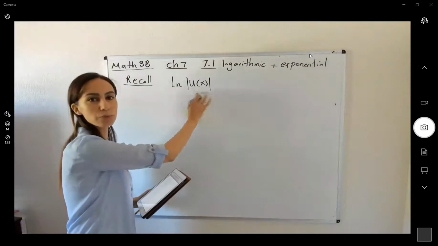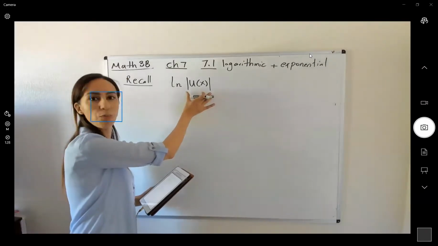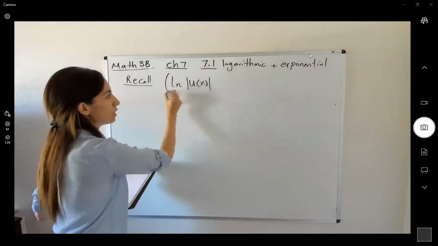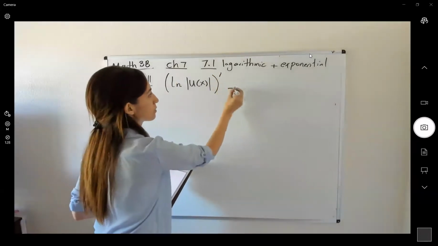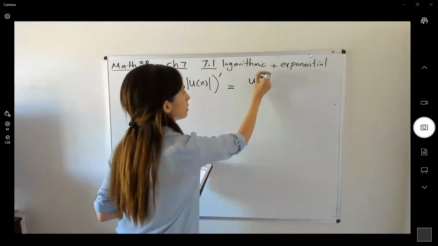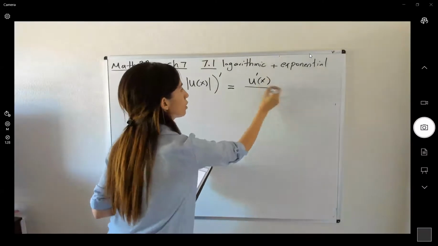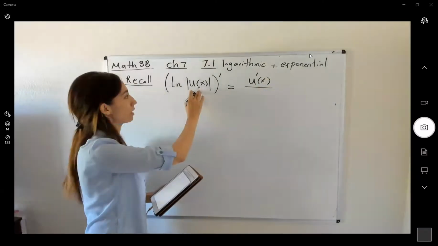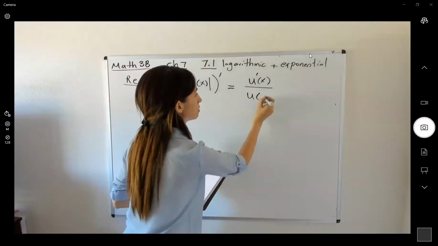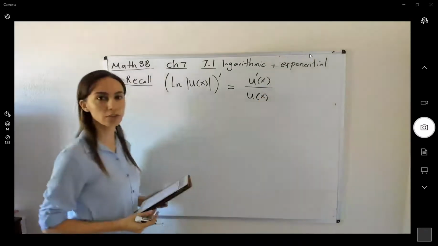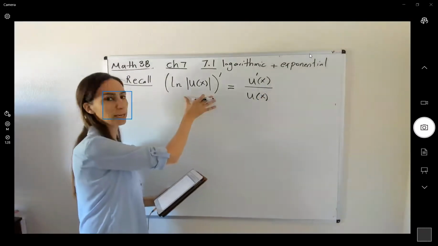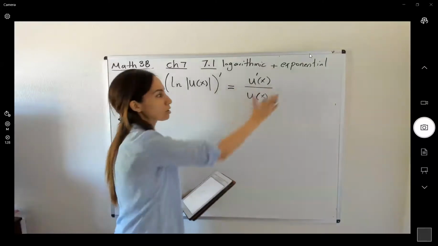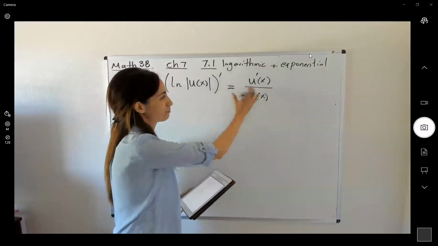So we use absolute value to make sure we have a positive function. The derivative of ln is equal to the derivative of the function or the quantity inside ln divided by the function itself. So when you take the derivative of the ln function, the outcome doesn't have any ln in it.